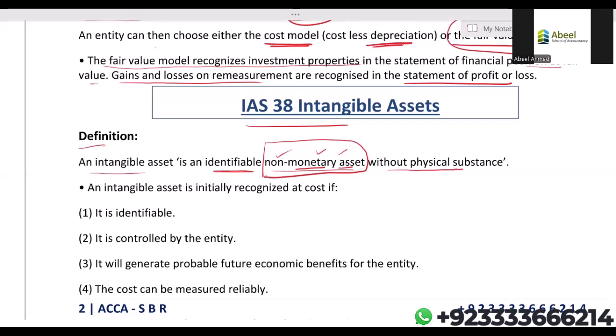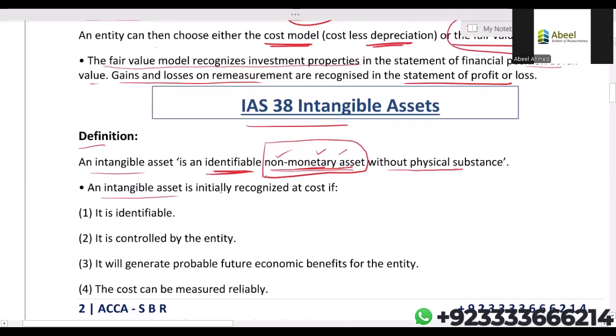Here we are saying an intangible asset is an identifiable non-monetary asset. Means fixed cash is not determinable. Without a physical substance. It does not have a physical substance. But it has to be identifiable.